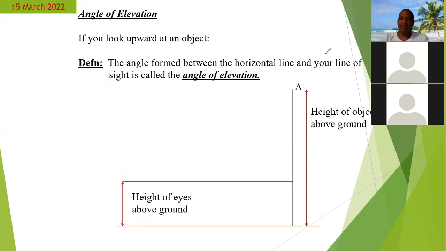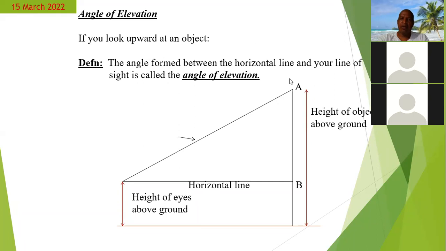So what we have left to do now is to put in our line of sight. Now the object that we are looking at above the ground would be at the letter A. So at the point A, that would be the height of the object above the ground. So our line of sight would be this line looking from the eye level up to the point A, all right?